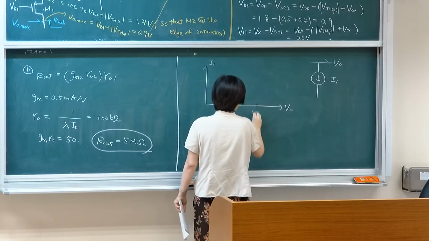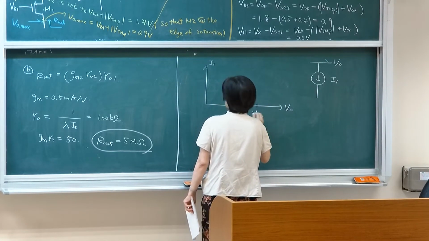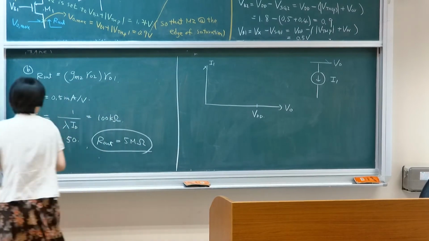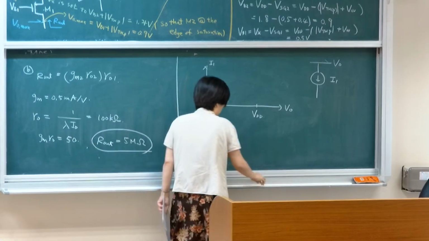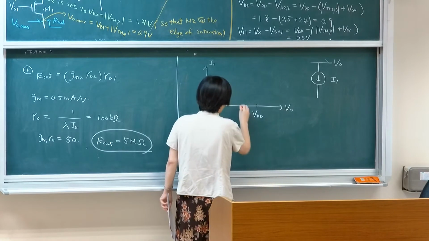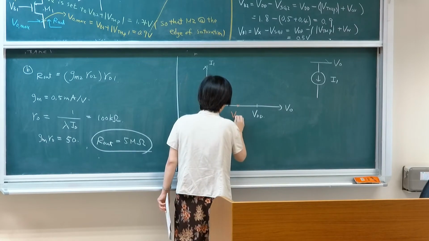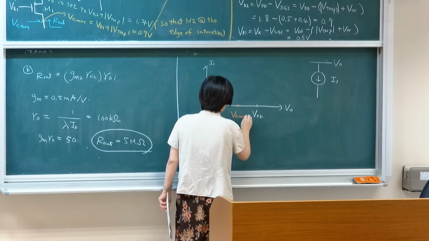Okay, so let's say this is VDD. There's a limitation as to where it can go, because it's a PMOS, so it goes the opposite direction. As I said, it has an upper limit, VO maximum.